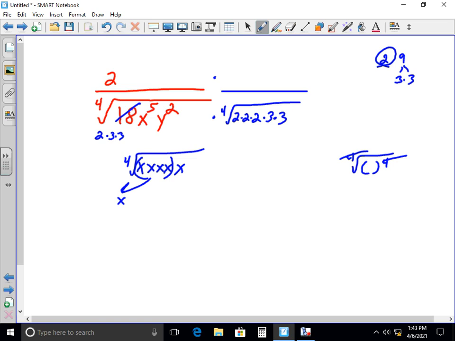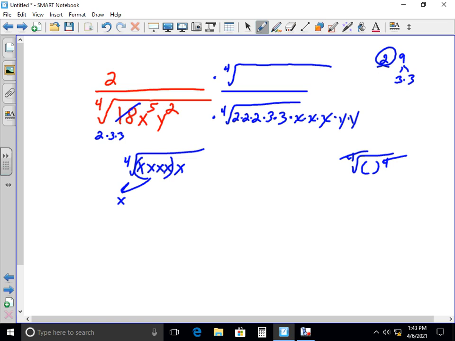We need 3 more. If we pick up 3 more, then we have a total of 8, which is how many groups? 2. Yeah, that's right. How many more y's do we need? 2. Good. Sounds like y'all are getting the hang of this.